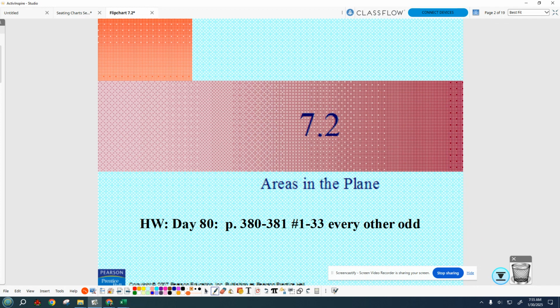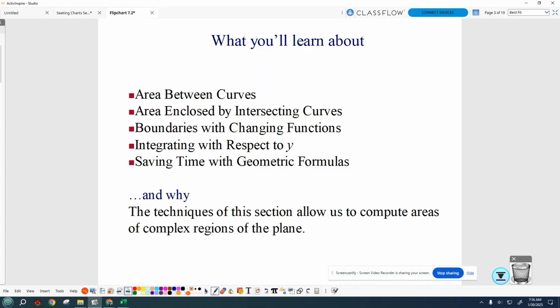Those of you who do all odds, penalties on you for not being able to read. Okay, we will see how much we get through. We will probably get here today, and we'll pick up with integrating with respect to y tomorrow. You guys hate that, you have to look at it sideways. We'll get over it.